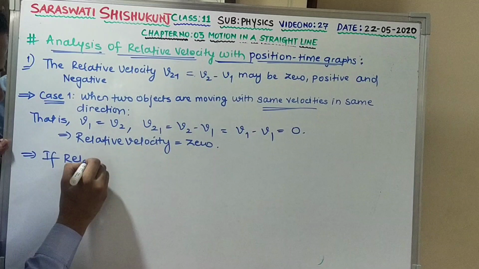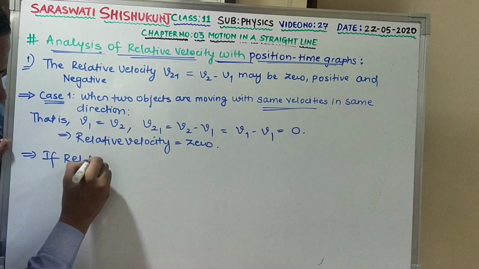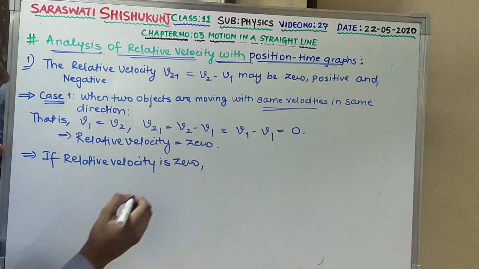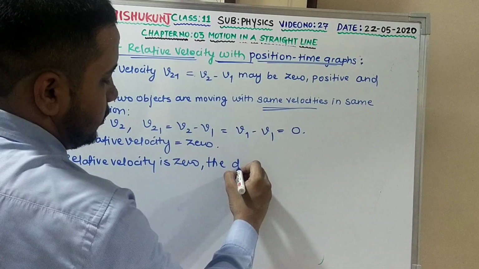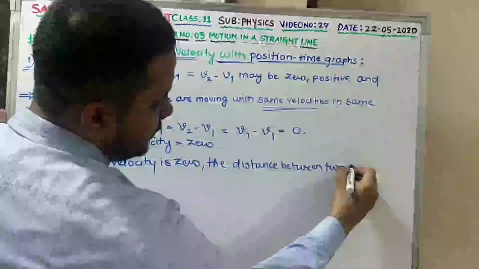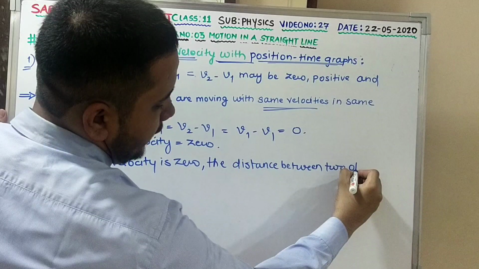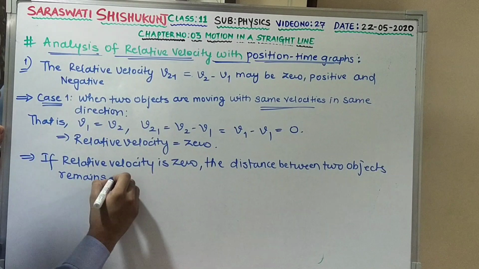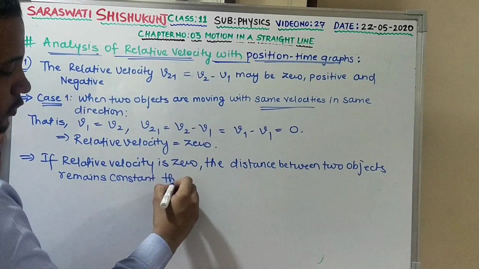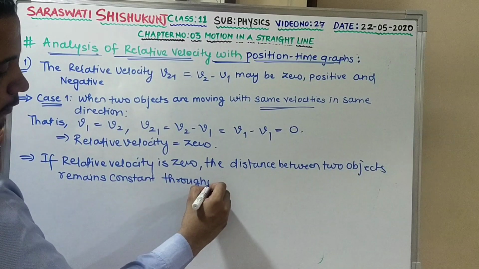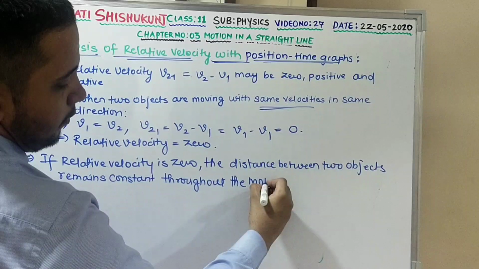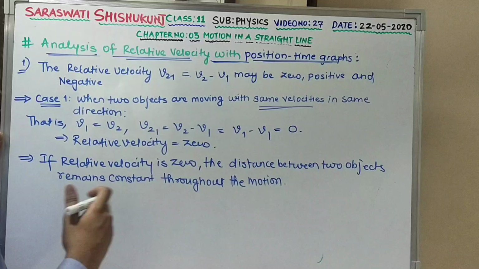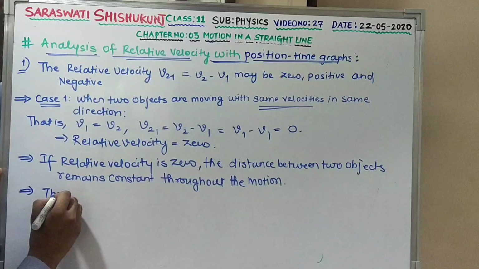Clear? If the relative velocity is 0, the distance between the two objects remains constant throughout their motion. Clear? Means they are a constant distance apart throughout the motion.